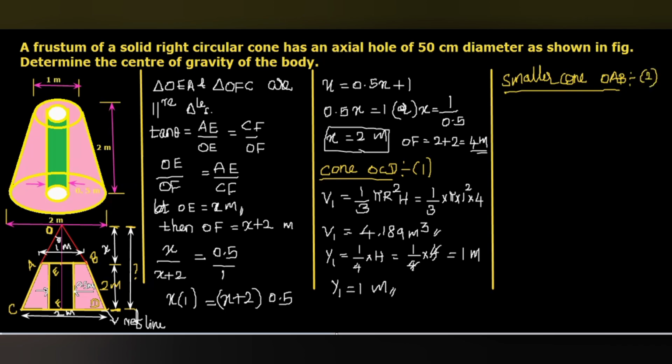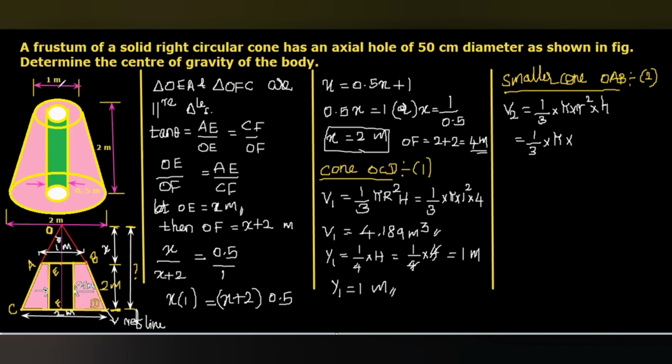For V2, we use the same formula, 1 by 3 pi r square h, but to make the difference, I just put the smaller values, r and h. So 1 by 3 multiplied with pi. This is the smaller cone.